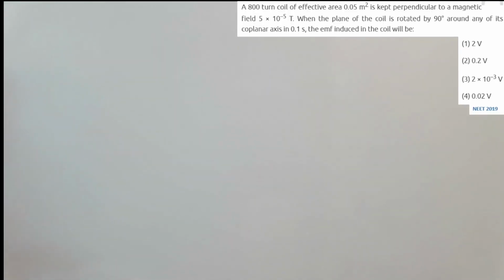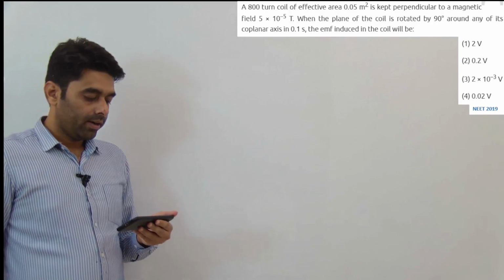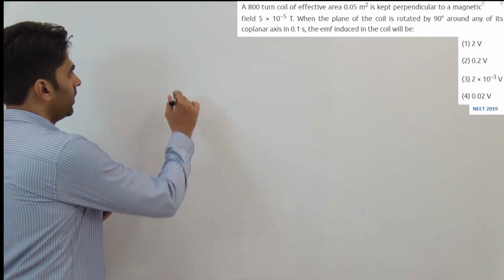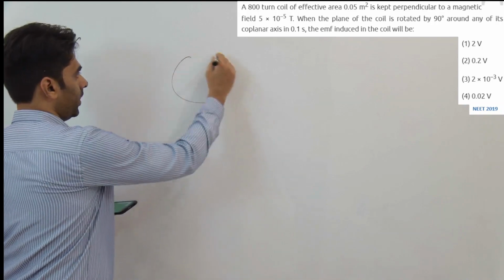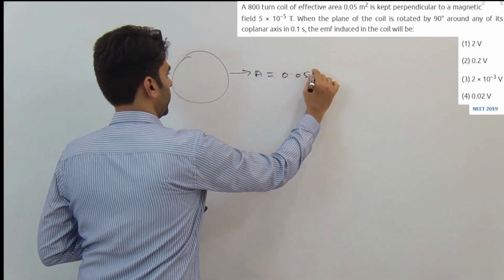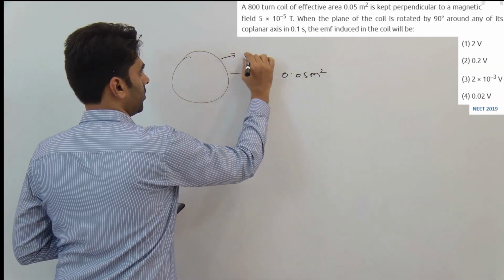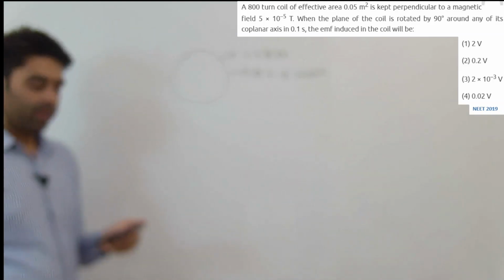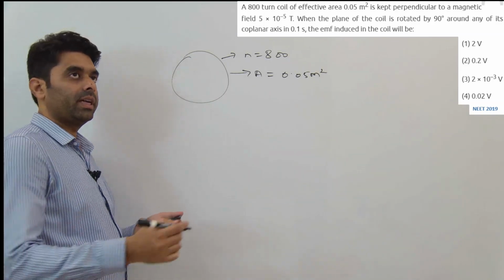Next question. It says a 800 turn coil of effective area 0.05 meter square. Area is given to us, 0.05 meter square. Number of turns are also given to us, 800. Next it says it is kept perpendicular to magnetic field 5 into 10 power minus 5 Tesla.